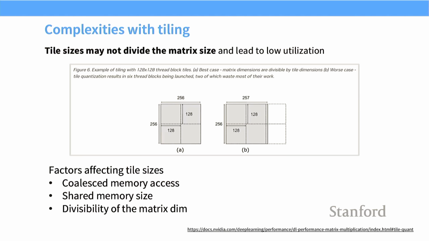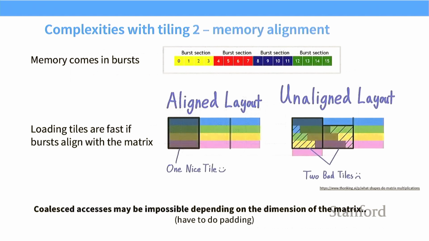Cool. Okay. And the other thing that is very, we're getting into the weeds here, complex, is the interaction between tiling and burst sections. So imagine I have a matrix layout that's kind of like this, where I have my nice burst sections, and each burst section lines up nicely with a tile.